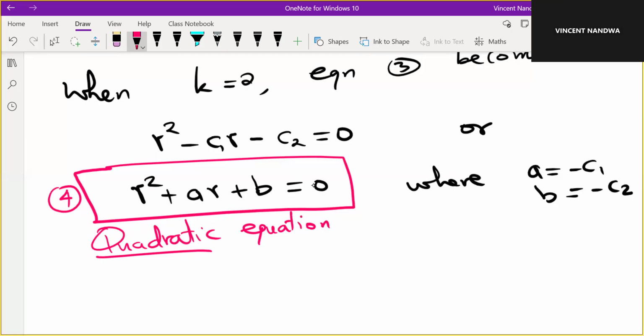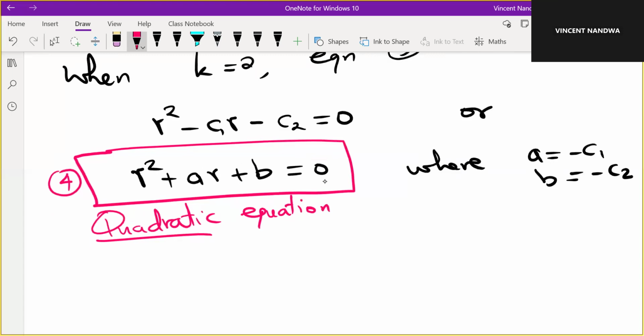If you have a quadratic equation, how many cases do you consider? So how many cases to consider for quadratic?